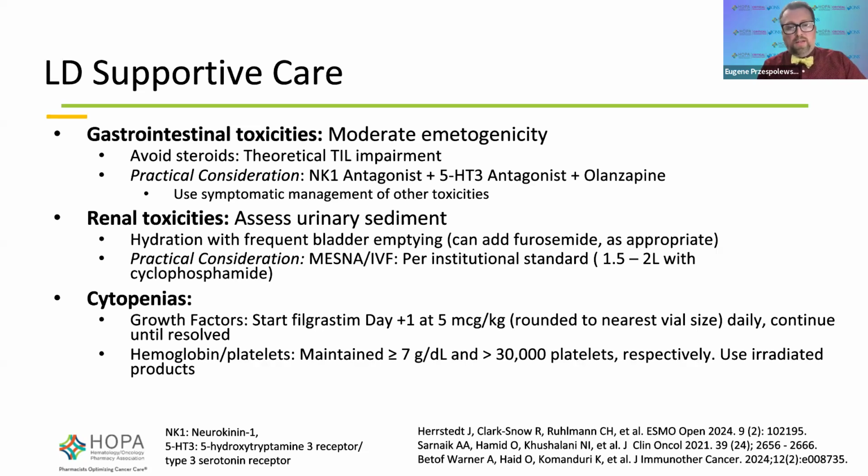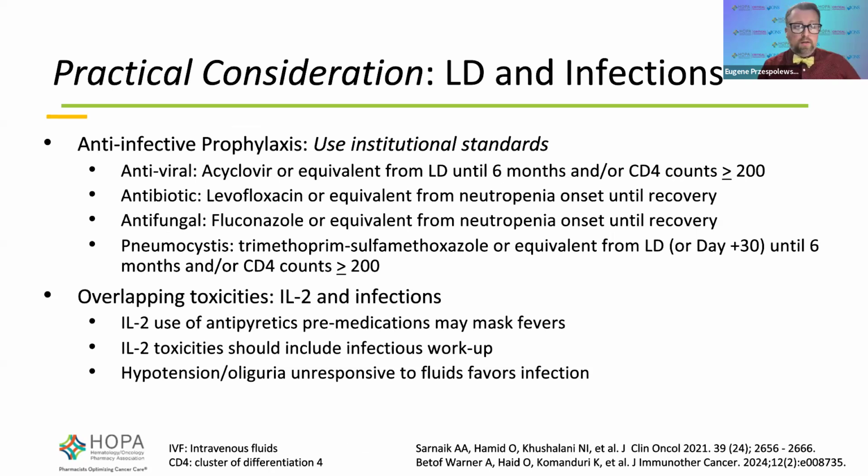Now, count recovery is going to be different for each institution in terms of their parameters. And so there is an assessment you have to make based on your institutional standard and whether that needs to be changed for TILs. The same holds true for red blood cells and platelets. So maintaining hemoglobin of 7 and platelet count of 30,000 is important as well.